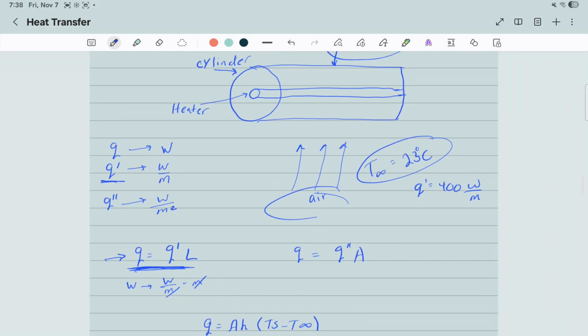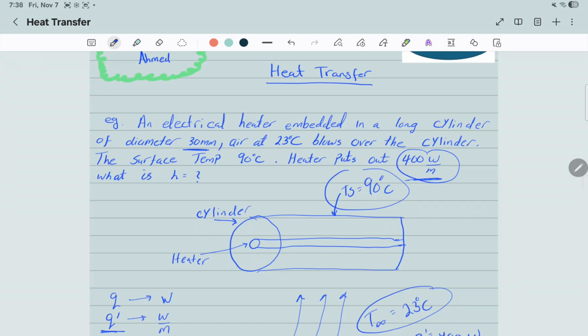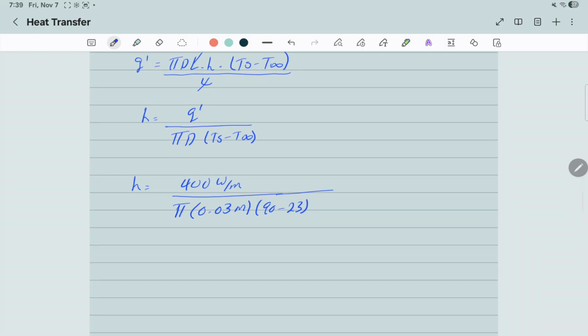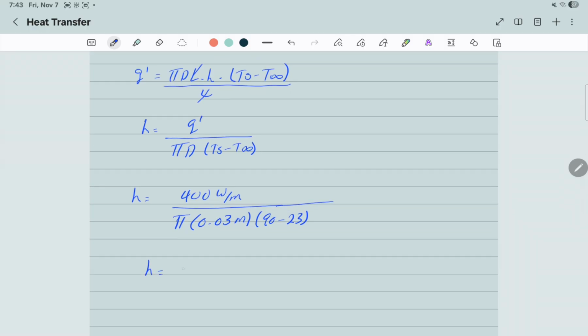Oh, the diameter of the cylinder, 30 millimeter. So that'll be 400 watts per meter divided by pi times the diameter, which should be in meters, times Ts, which is 90 minus 23. Therefore H equals 63 watts per meter squared Kelvin.